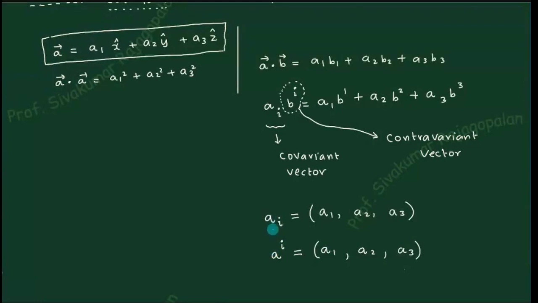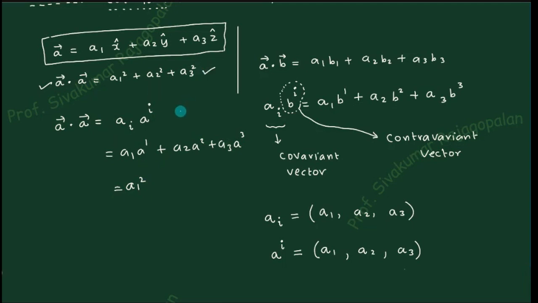When this is the situation, and you take the dot product, the self dot product, A dot A, we can write it as A_i here and then A^i here, which is equal to A1 plus A2 plus A3. And because numerically their values are equal, there is no need to write A1 into A1, we can write A1 square. So that is the expression that we have here.